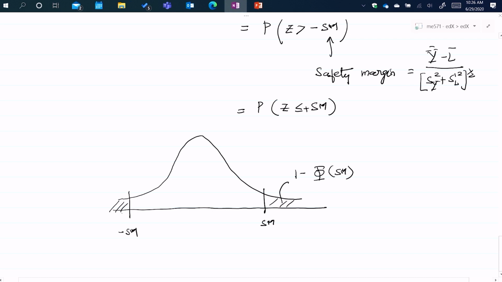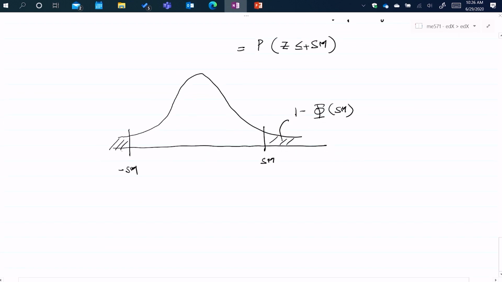So this is phi of safety margin, and this is negative of safety margin. So what we want is the probability that z is greater than negative safety margin, which is 1 minus the probability that z is less than or equal to negative of safety margin.